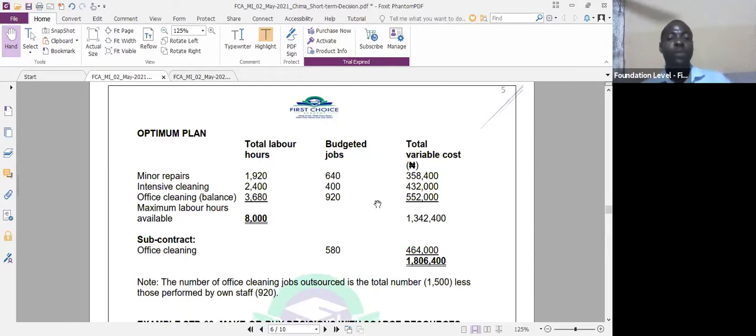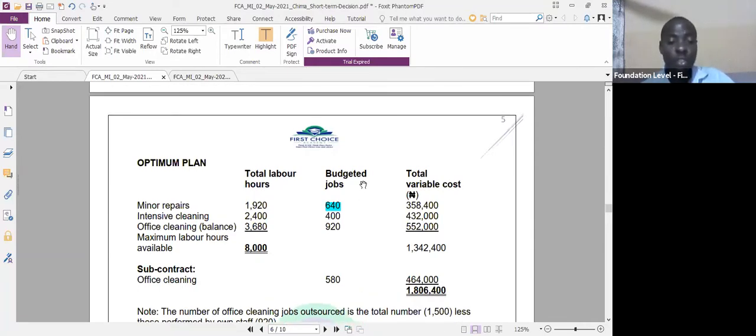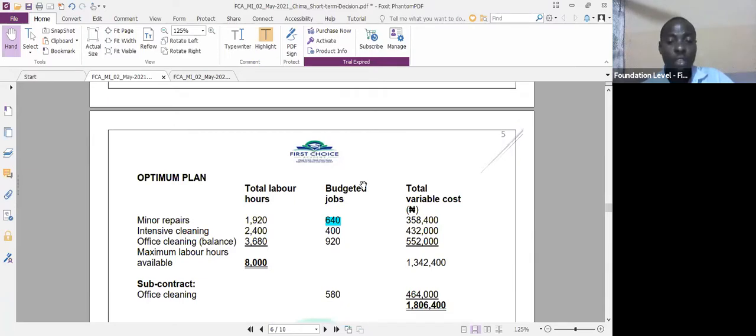Okay, so what are the total labor hours? For you to get this total labor hours of 1920, you need to know the number of budgeted jobs is 640. You can see it from the question, 640.